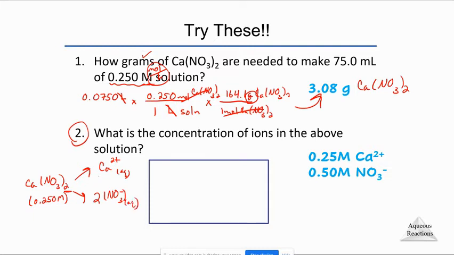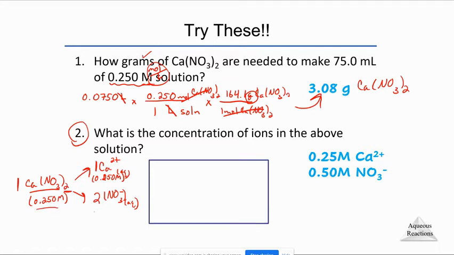And so when I'm looking at concentration, I see that I have a 1-to-1 ratio between my formula unit for calcium nitrate and the number of calcium ions. So that molarity is going to stay the same. That's going to give me 0.250 molar for that particular ion. But I have double the amount of nitrate ions.